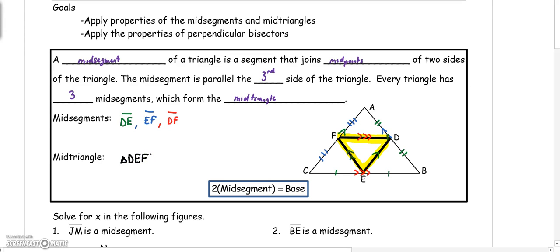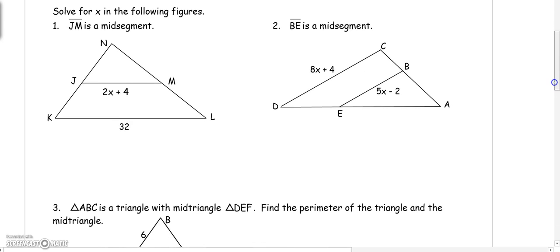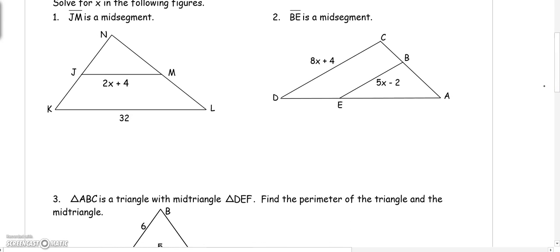It's also important to remember that a midsegment, two of those is equal to the length of its base. So we're going to use that idea to solve for a variable. So in number one, JM is a midsegment. So we need two lengths of JM to equal the length of KL.